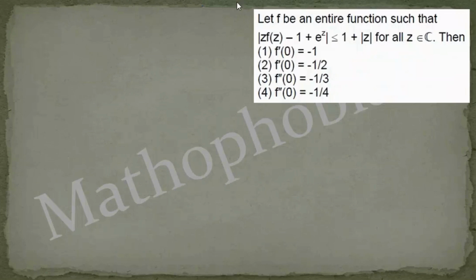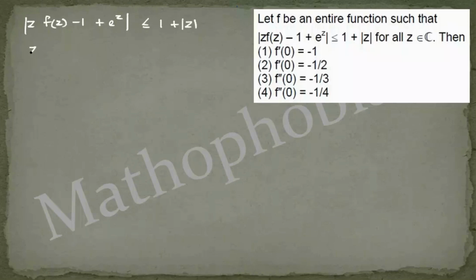Next question, let's see. Let f be an entire function such that mod of z into f of z minus 1 plus e power z is less than or equal to 1 plus mod z. Then the values f dash of 0 and f double dash of 0 are asked. To find that, first we will expand the given equation. So z into f of z minus 1 plus e power z is less than or equal to 1 plus mod z.